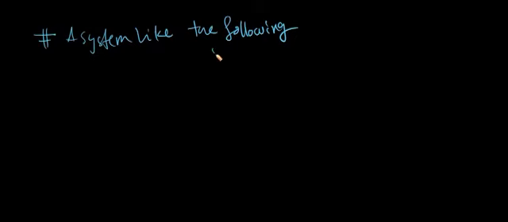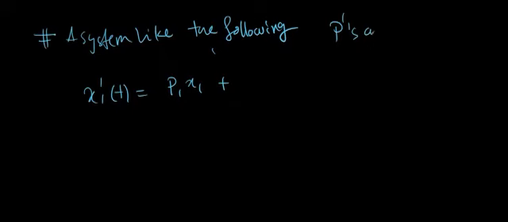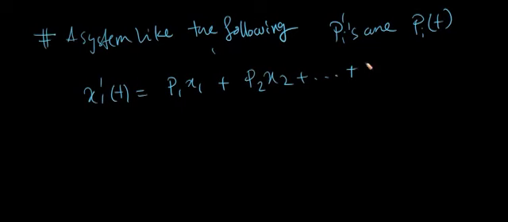So let me just write the full general thing. This x1 prime is just p1 x1, and obviously these p's are functions of time, that means p of t. That's a pi; this is an index. So you will have p2 x2 plus dot dot dot plus pn xn.